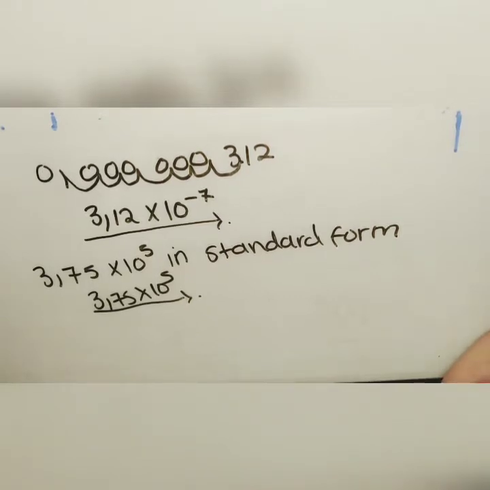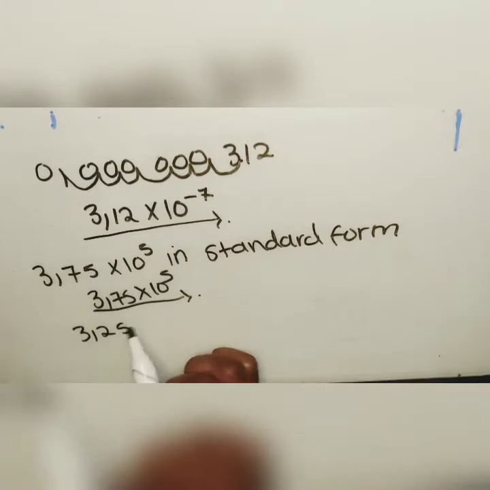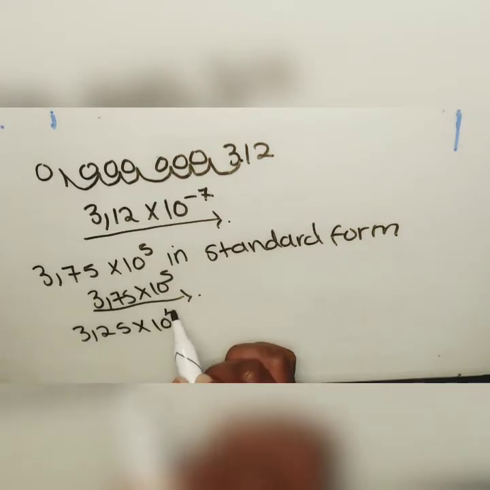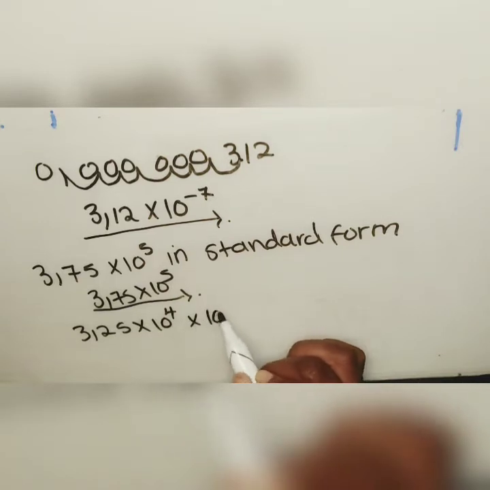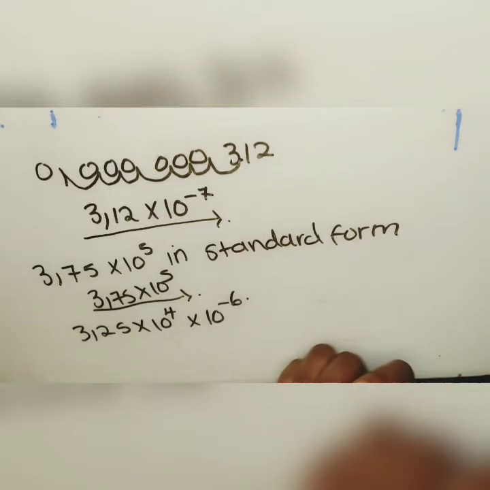And then the next question asked us to write 3,25 times 10 to the power 4 times 10 to the power negative 6, which is also very easy. We are simply going to deal with these numbers.